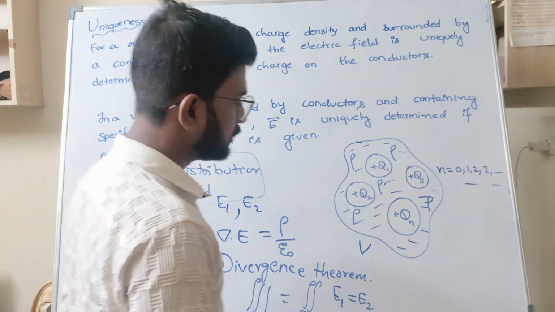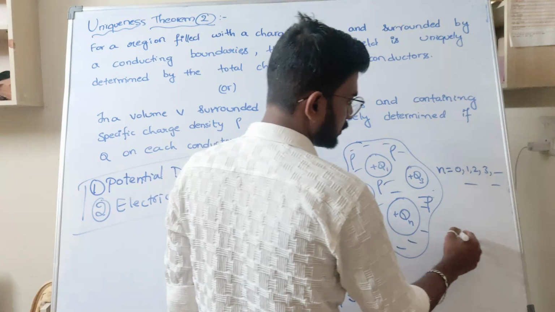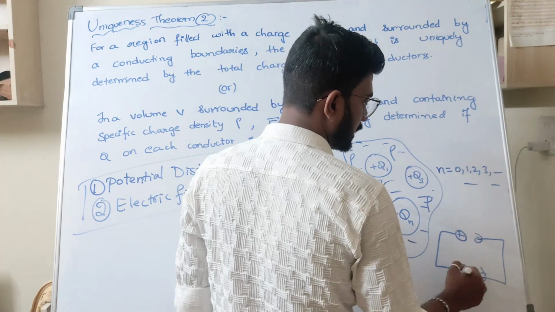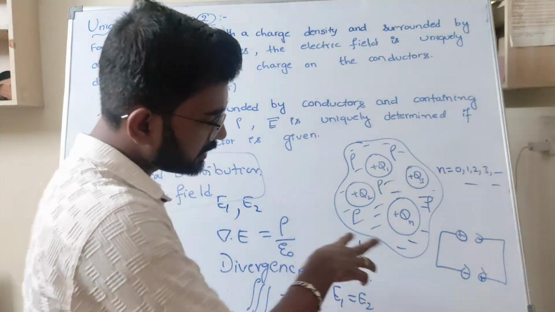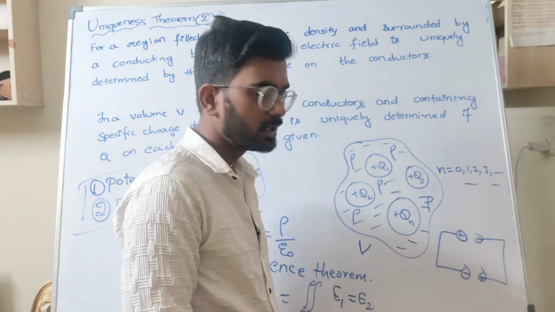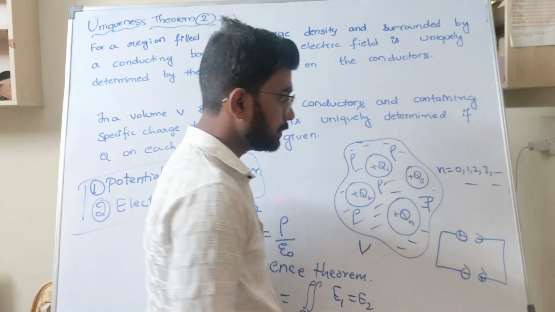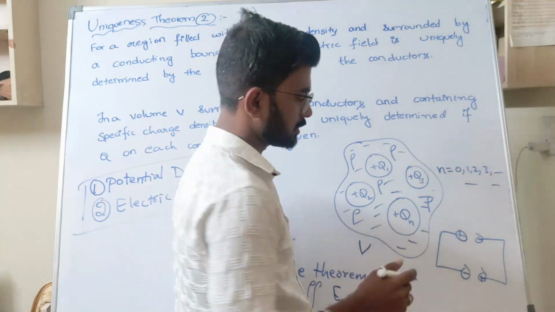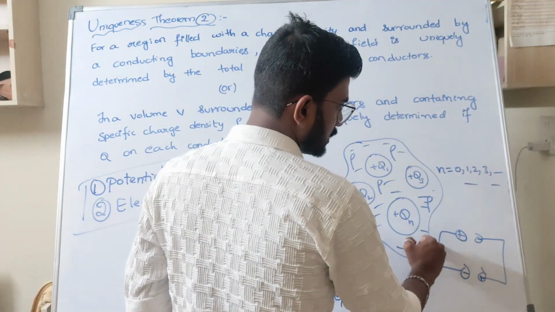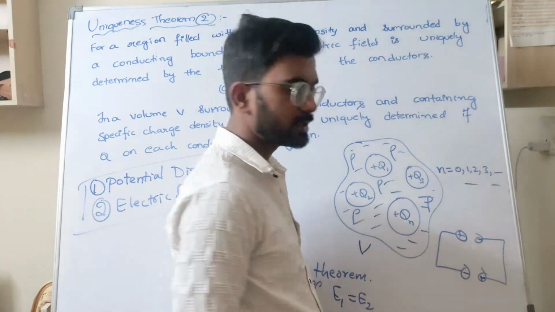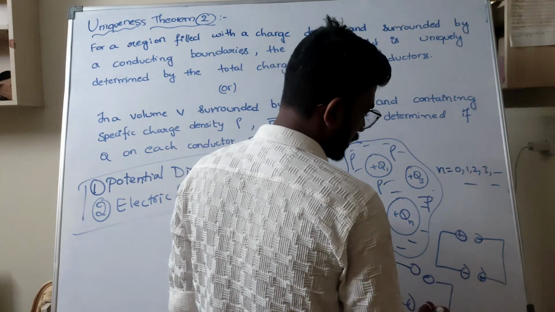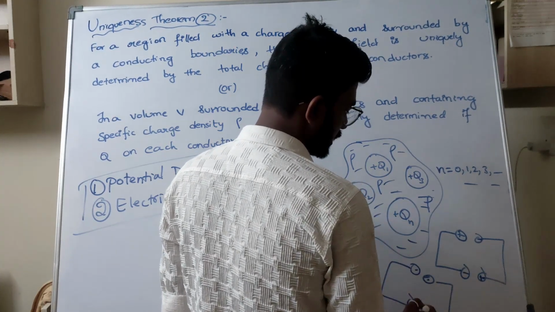Suppose I take a conductor with plus, minus, minus, plus charges. For a conductor with such a charge distribution, I can find the electric field value by treating it as a conductor with no charge in some places and charge present in others.